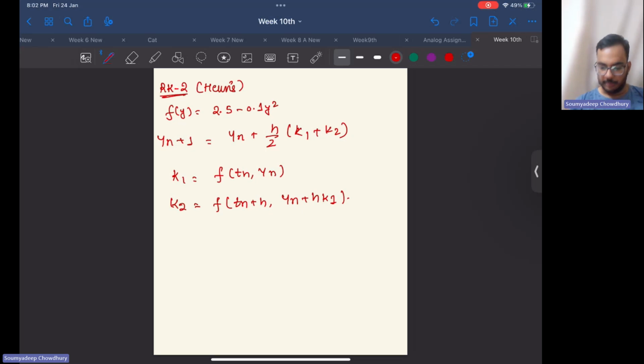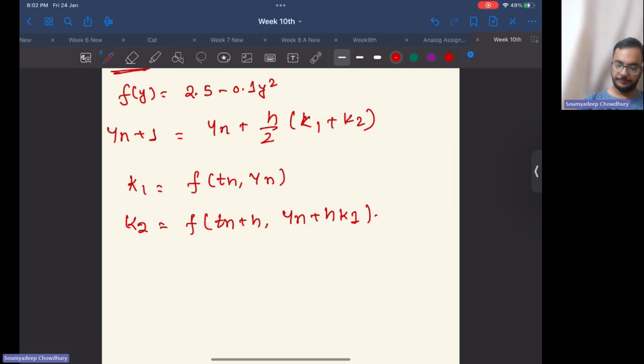So this is my equation, right? So we'll start from the first step. Step 1 is y of 0.5. Every step we have to calculate k1 and k2, right?